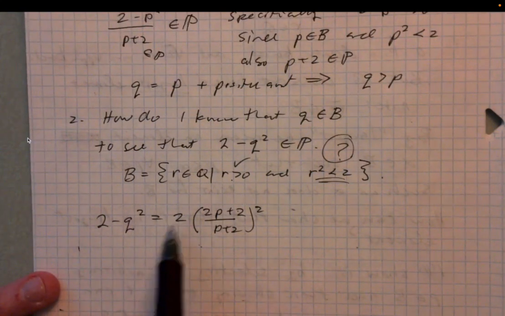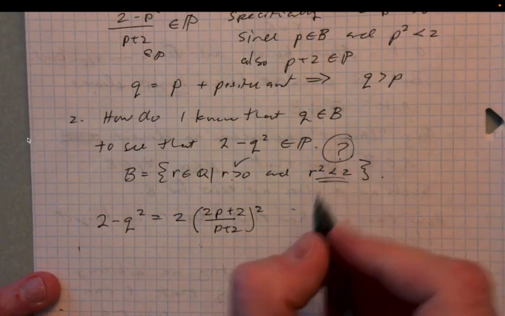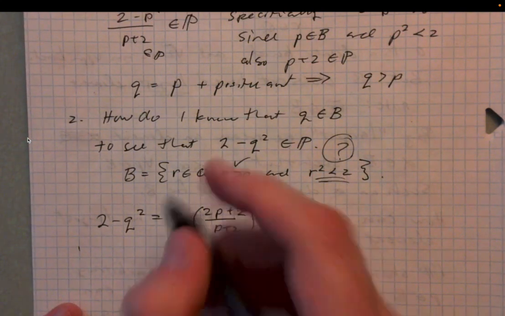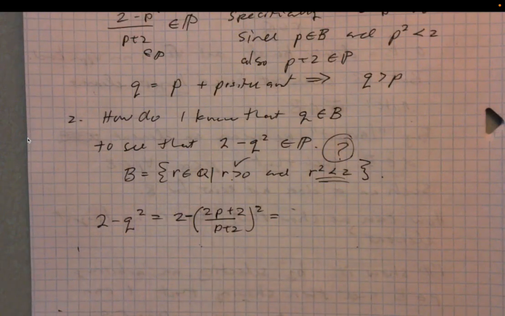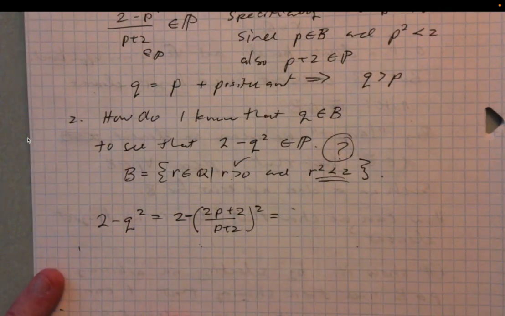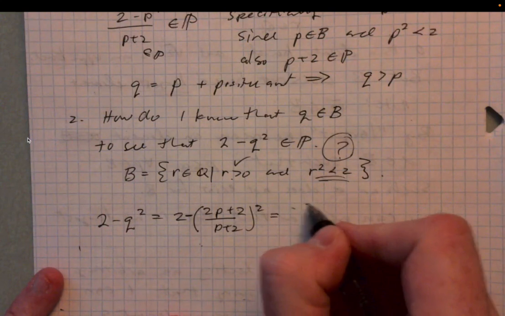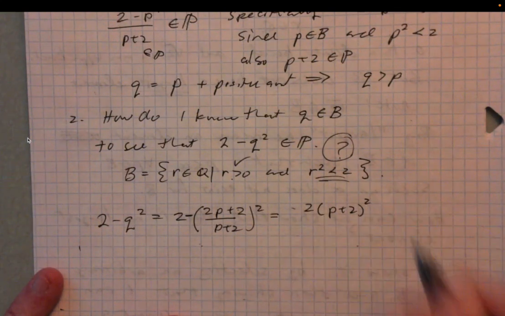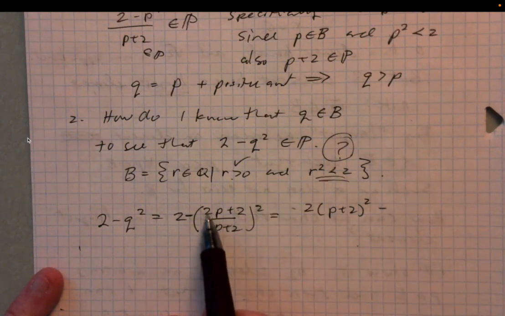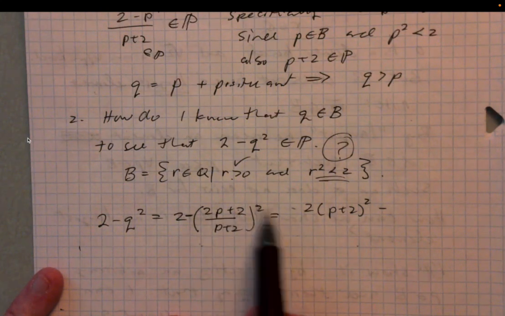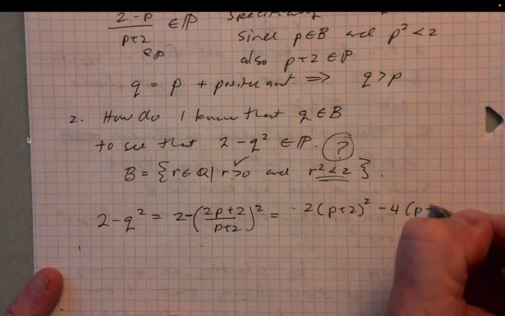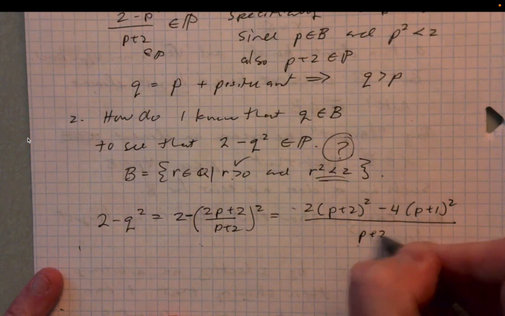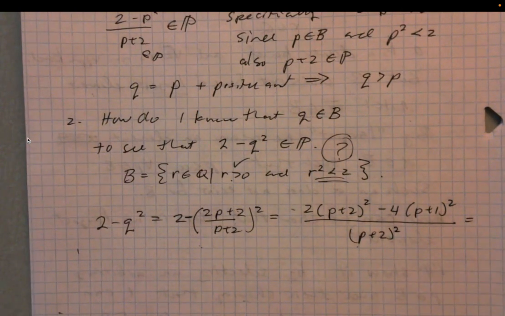All right, so 2 minus q squared is equal to 2 times this thing. Oh, sorry, this should be 2 minus there. And we can do some algebra on this. We get a common denominator: 2 times (p plus 2) squared, minus, and instead of (2p plus 2) squared, I'm going to write minus 4 times (p plus 1) squared, all over (p plus 2) squared.